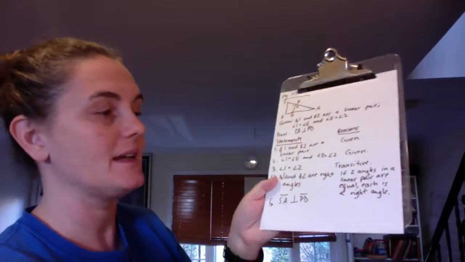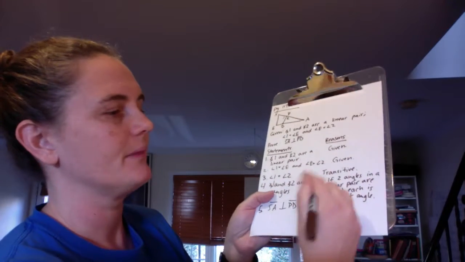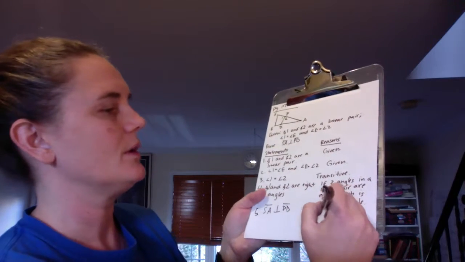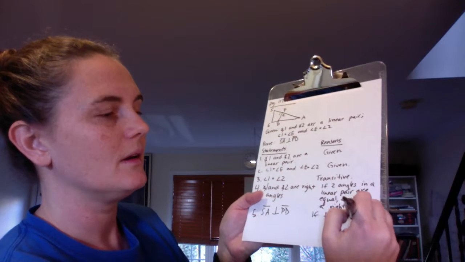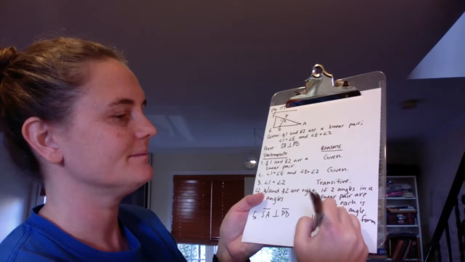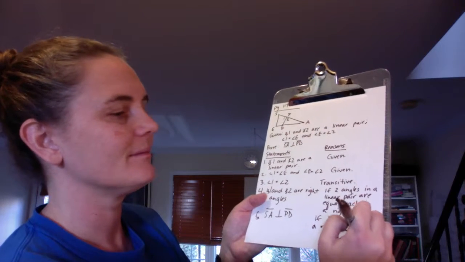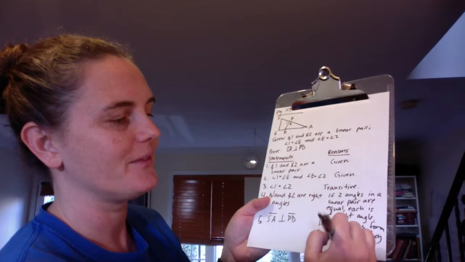And the reason for that is the definition of perpendicular lines, which says that if two lines form a right angle, then they are perpendicular.